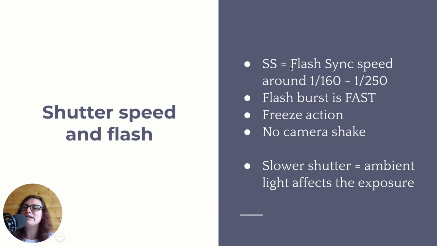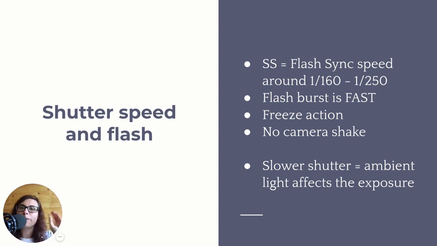And that shutter speed is called flash sync speed. And it's generally for almost every flash around 1/60th to 1/250th of a second. So anything between those numbers, that's your shutter speed. It never changes. Keep it that. So it's pretty easy. And that's because the burst of the flash is faster than any shutter speed.